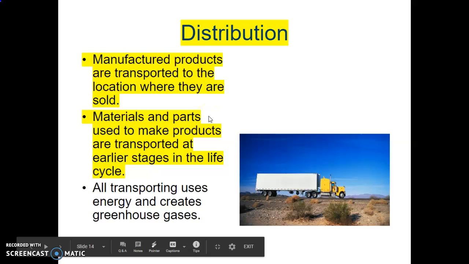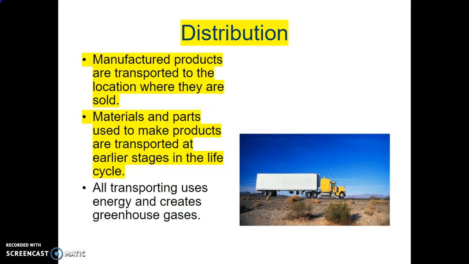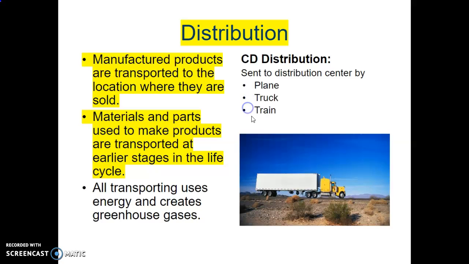So it's important to understand how creating products and using products and disposing of products impact our environment. So our example, CD distribution: sent to distribution center by plane, train, truck. All of this uses fossil fuels for energy.